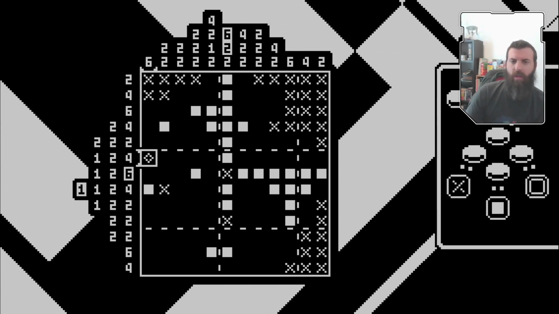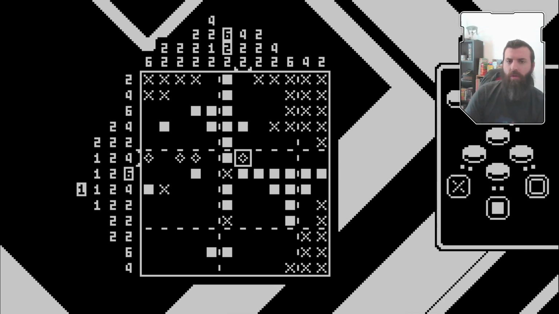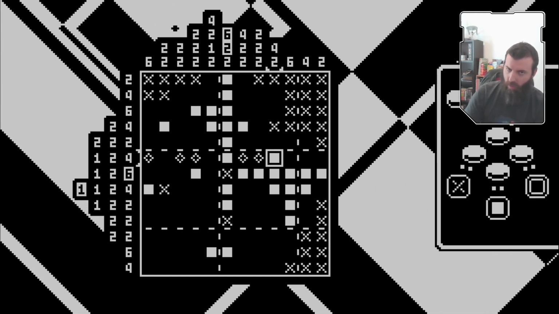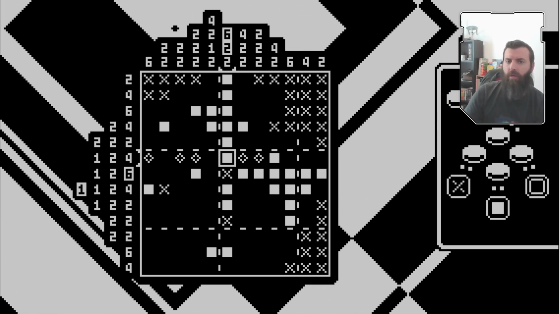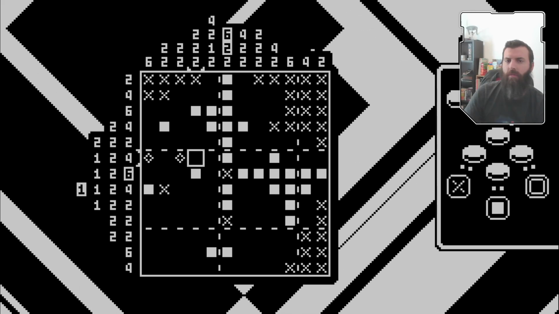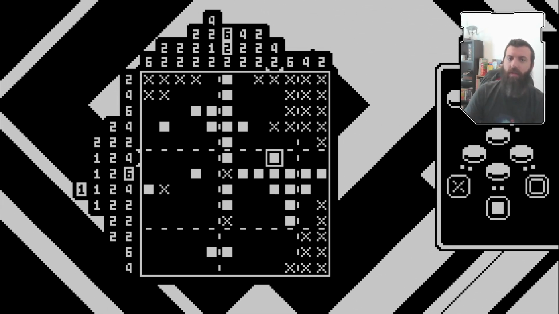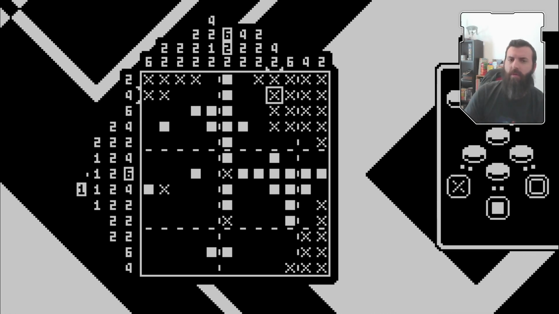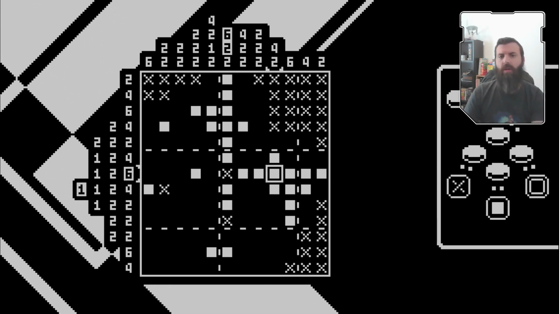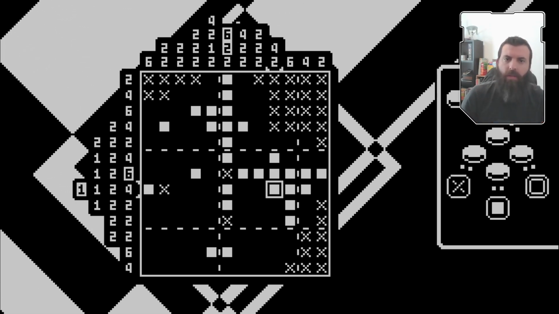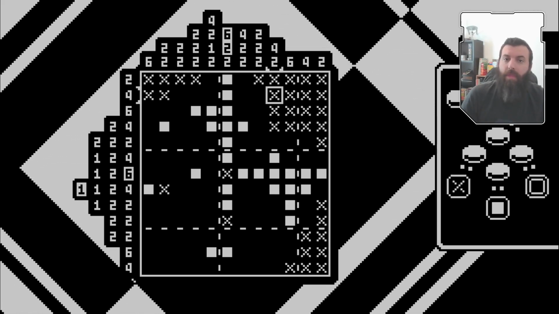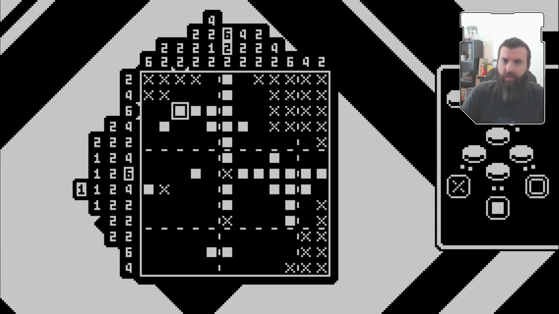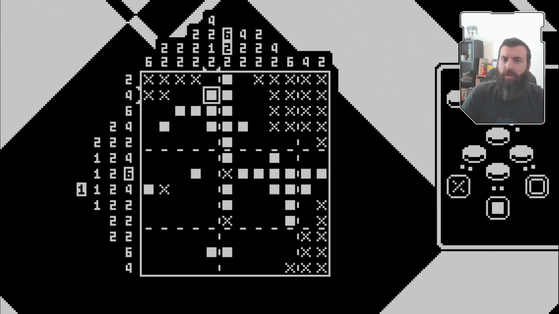If we look at this row, we could say 1 space 1, 2 space 1, 2, 4, 4 space. We know that this pixel, and we could have figured some out earlier, we know that we can't fit a 4 up here. It has to be part of the 4. With these two X'd out, that gives us, yet again, a little more certainty about where the 6 is, and it gives us certainty about where the 4 is.